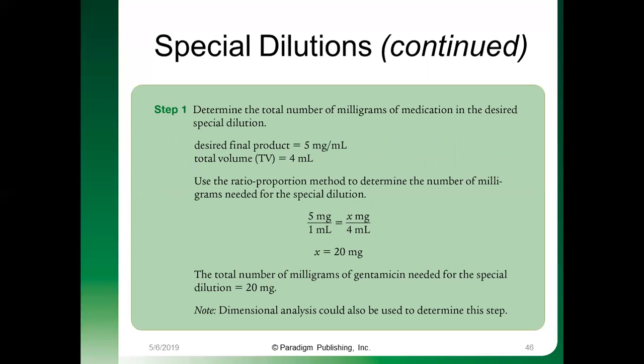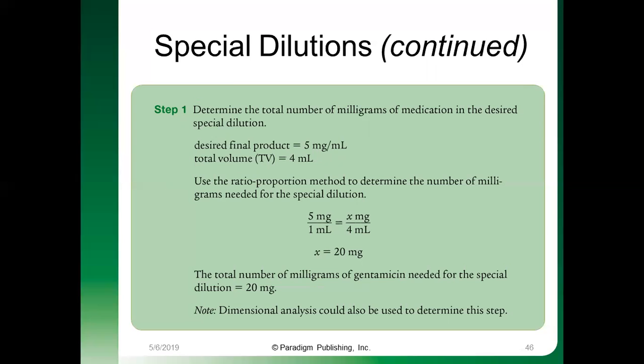First, determine the total number of milligrams of medication in the desired special dilution. The desired final product is 5 milligrams per mL, and we want a total volume of 4 mLs. Use the ratio and proportion method to determine the number of milligrams needed for this special dilution.